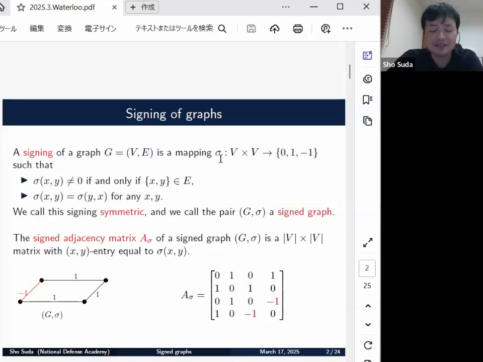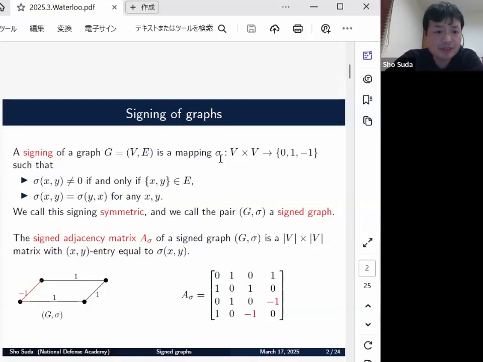We call this signing symmetric, but I don't often use this term. We call the pair G and sigma a signed graph.